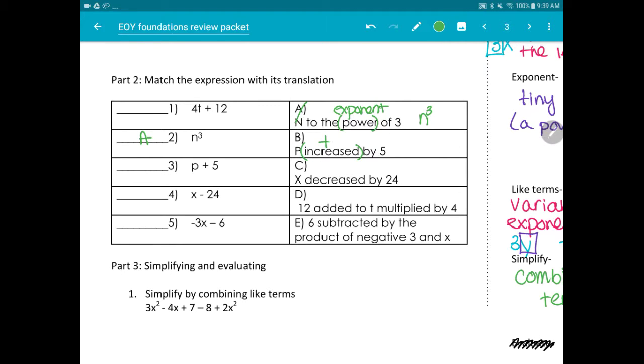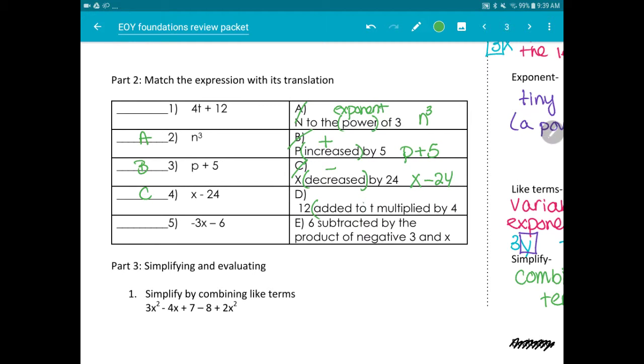Increase means plus. So I'm looking for P increased by 5 would match with choice 3. X decreased by 24, decreased means subtraction. That matches with 4.